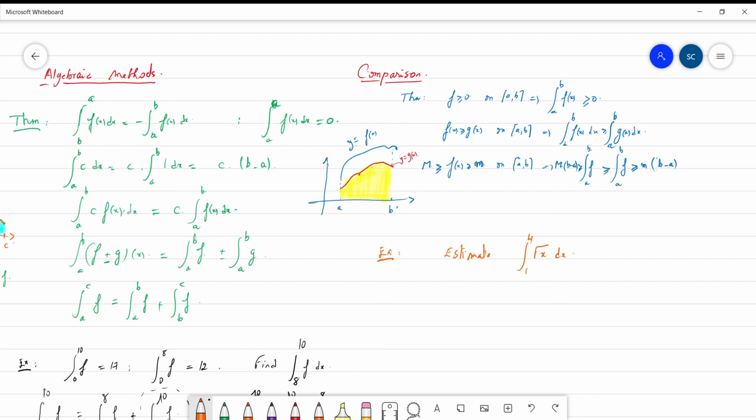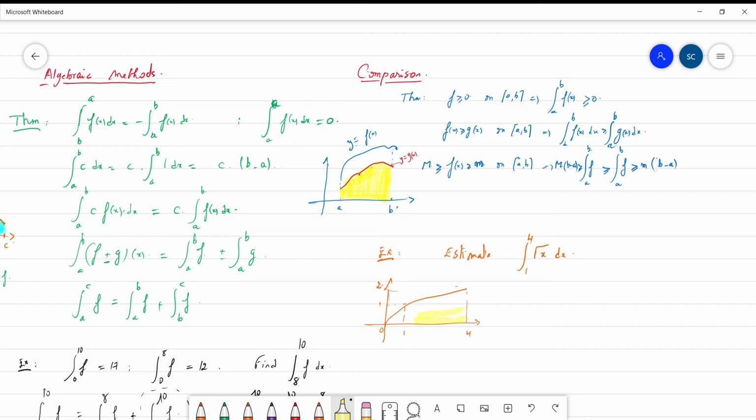For estimation, we know how the square root function behaves. It's like that. At 0 it takes the value 0, at 1 the square root of 1 is 1, at 4 the square root of 4 is 2. We are asked to compute the area under this curve.